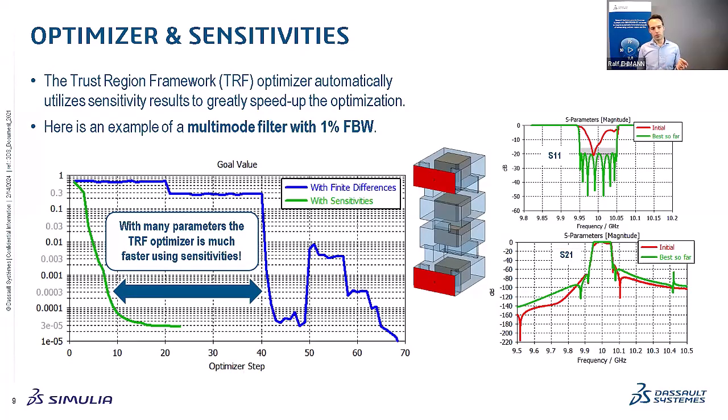But if you look at the finite difference convergence curve, which is in blue, you see 2 steps until it reaches convergence, just because the derivatives are calculated, which is not needed when you already have them from the sensitivity analysis. And maybe it's also worth mentioning for the old CST users that you don't need to set up phase constraints in your models. You can also just utilize normal geometrical parameters for the sensitivity.